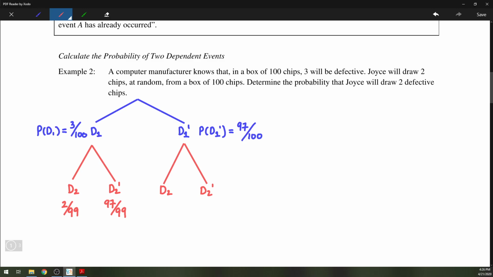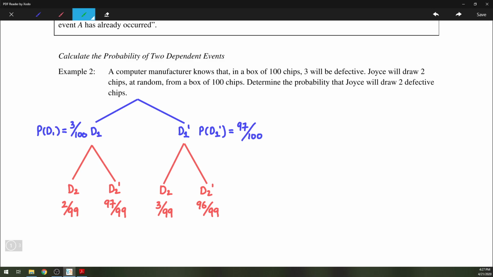Likewise, if the first chip was not defective, then you still have 3 defective chips left out of the 99 that you can draw on the second drawing, and only 96 working chips left if you want to draw not defective chip and a not defective chip again.